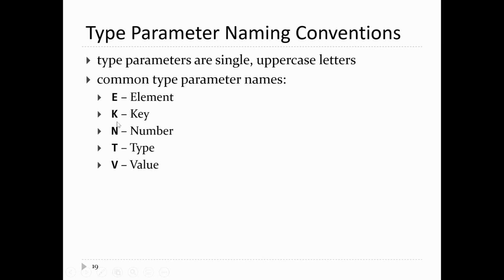For maps, K and V, key and value, are normally used. If you want to make a collection that can only be parameterized over numbers, then you often use the name N. And if you just want some generic type name, it's often just T. So T1, T2 through T3 is not uncommon either.